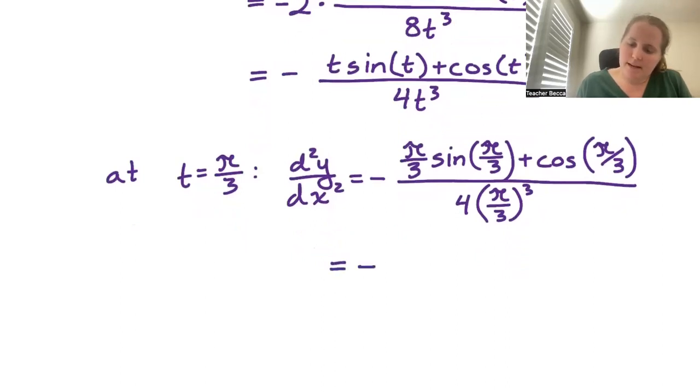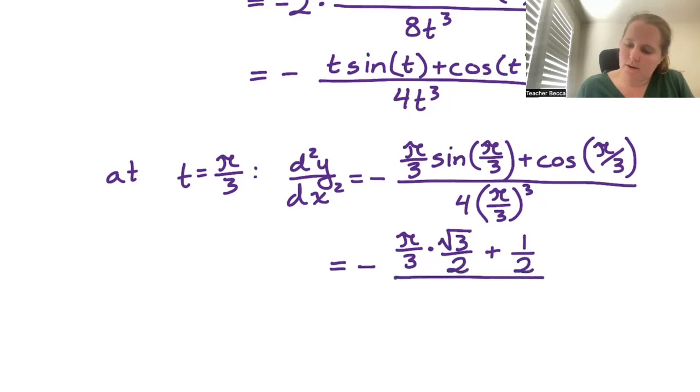So this is a negative pi over 3 times sine of pi over 3, which is root 3 over 2. Then we have plus cosine of pi over 3, which is 1/2. All over 4 pi cubed over 27.